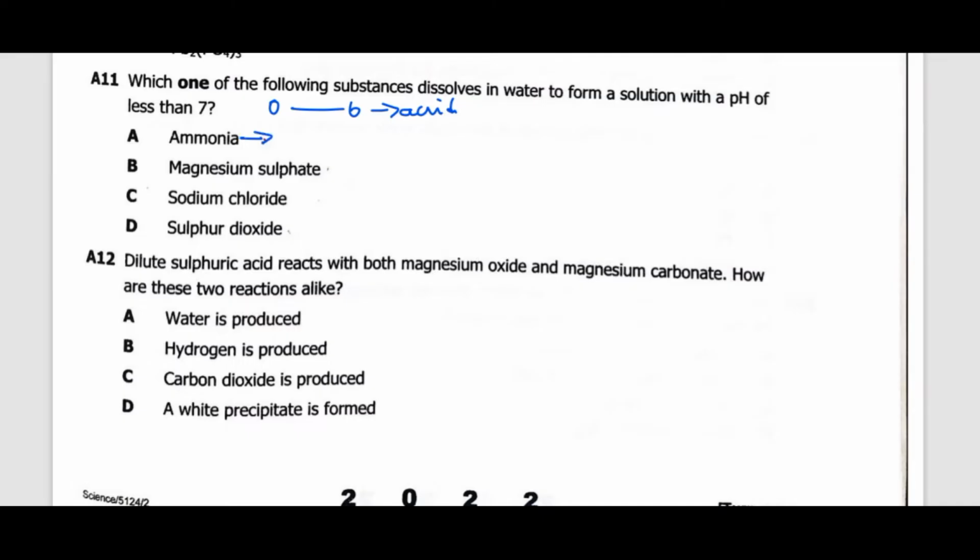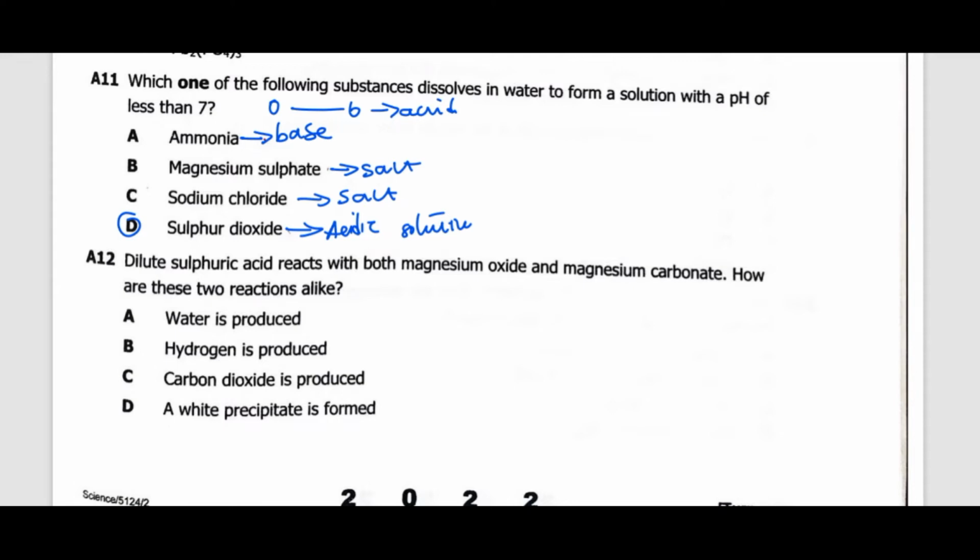Ammonia, we know that ammonia is basic. Magnesium sulfate is just a salt, so this will not give us an acidic solution. Sodium chloride is also a salt. Sulfur dioxide, whenever it dissolves in water, produces an acidic solution. So this is the answer that we are looking for. So we have D.